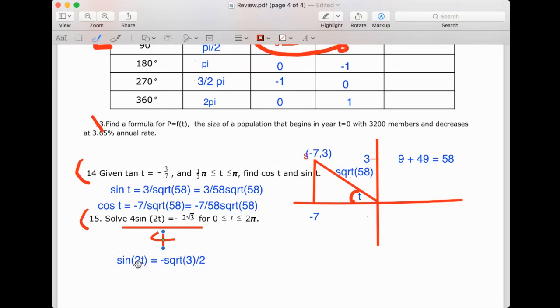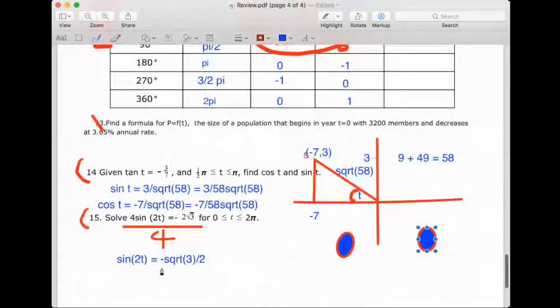So I get sine of 2t equals negative square root of 3 over 2. Sine is negative in which two quadrants? The fourth and the third. So we know the two angles will be here, one here and another one here. And for square root 3 over 2, what's the reference angle?